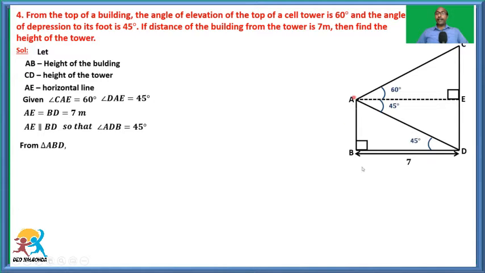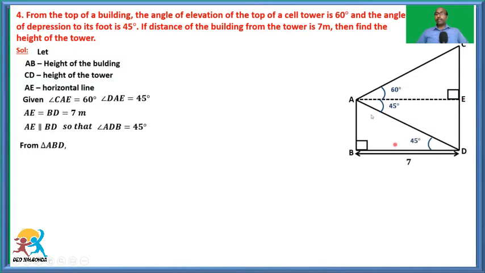Now from triangle ABD, first of all, what we have to find here? Height of the tower, total CD we have to find. That is the distance CD that we have to find here. Okay. So directly we cannot find distance CD. First we have to find the distance ED, and then after CE, and then by adding both CE and ED, then only we get the height of the tower.